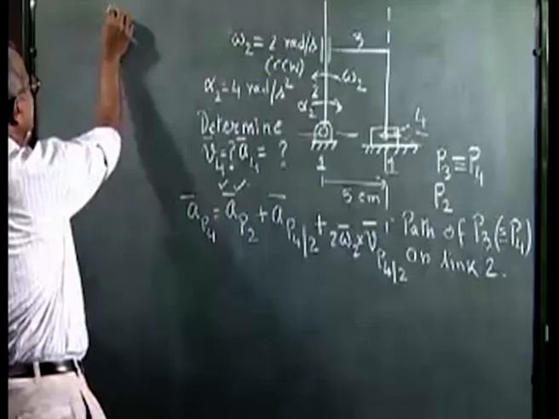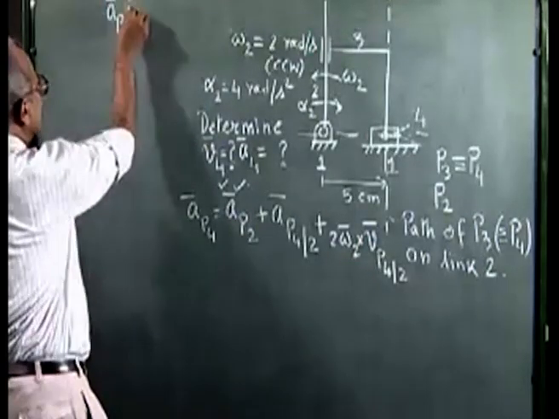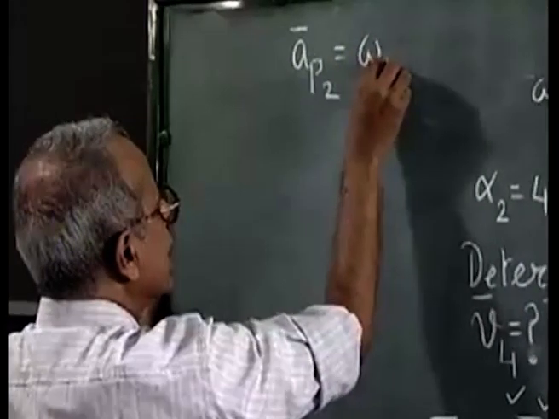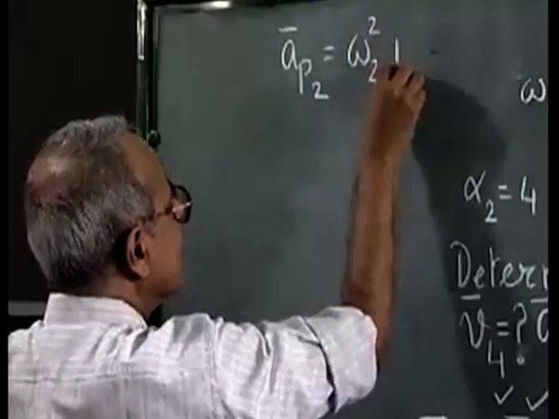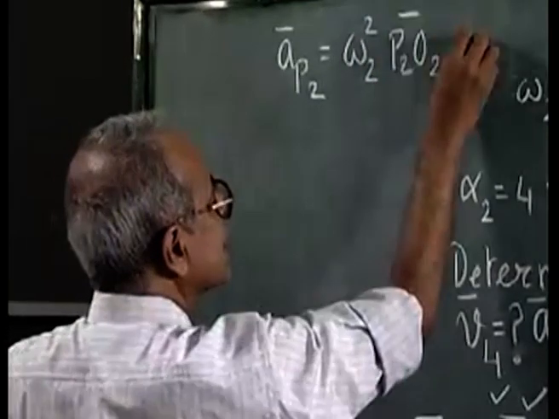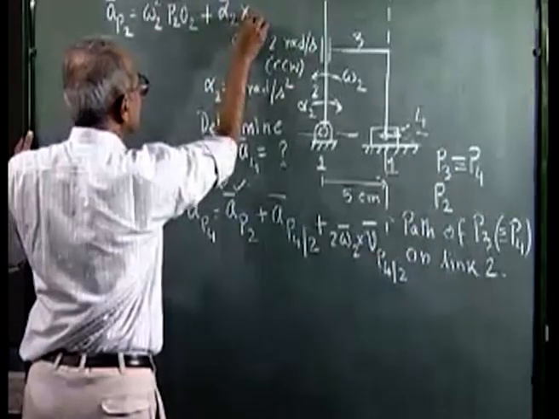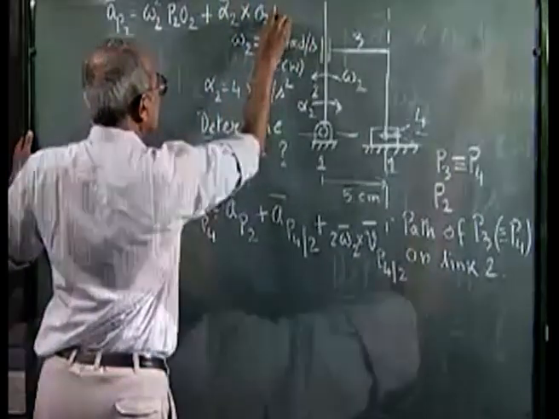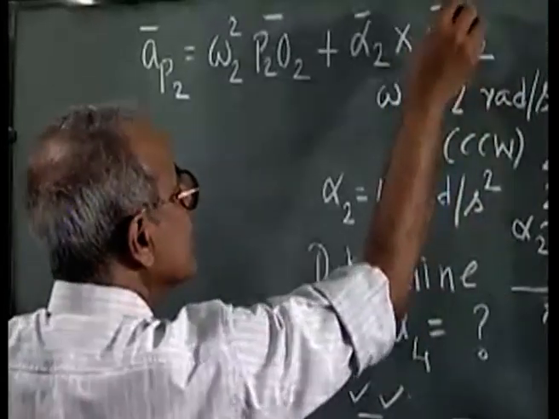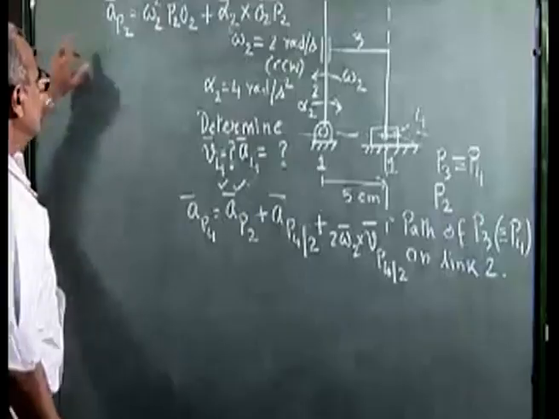So I can write AP2 is omega 2 squared P2O2 plus alpha 2 cross O2P2. Everything is specified, so AP2 is completely known.